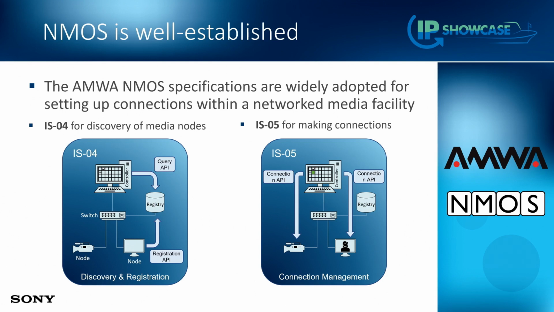The controller can then make connections between the devices on the network using the IS-05 connection API. In this case, it will first of all talk to the sending device, the camera in this case, and get all the transport parameters from that device, in particular the multicast address that the device is sending out on. It can then patch all that information to the receiving device, in this case a monitor.